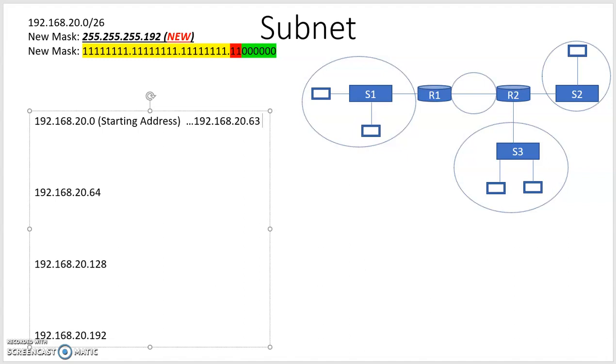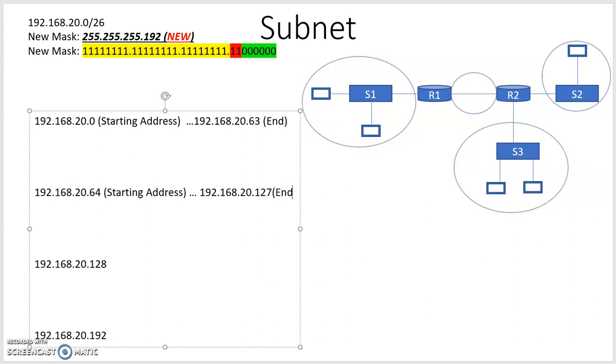So that's the end. And if this is the starting address, then I know the ending is 192.168.20.127. This is the ending of the second subnet.